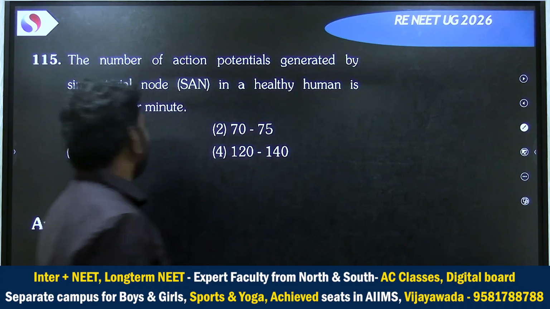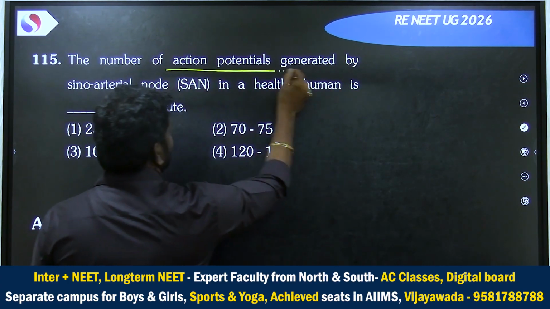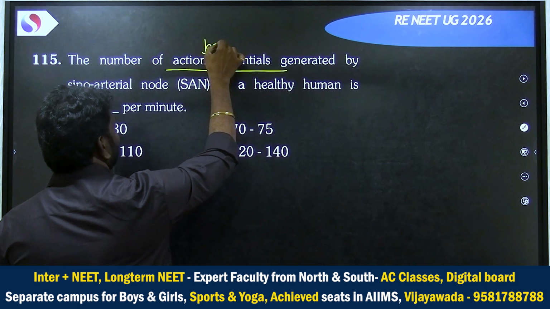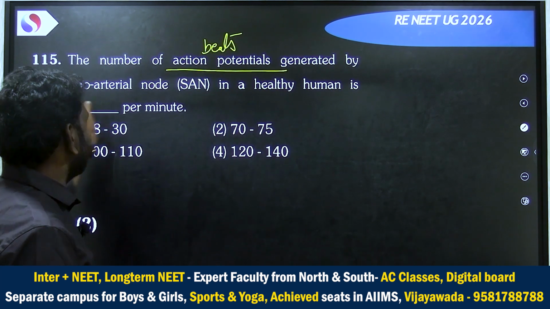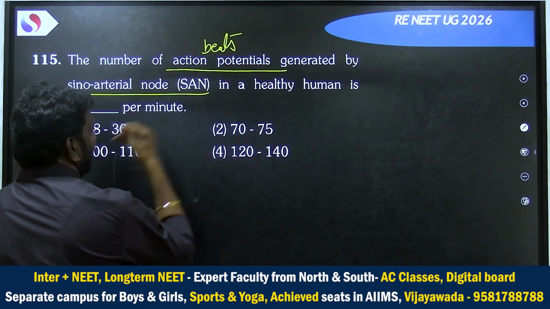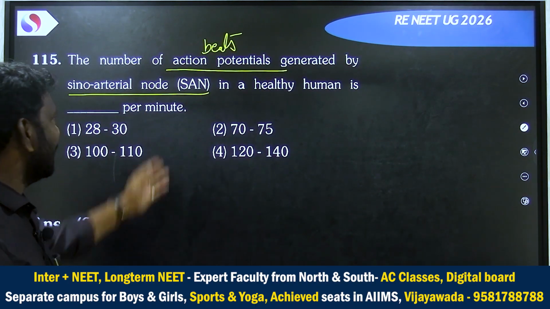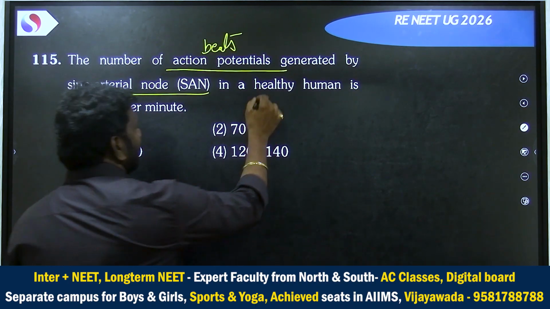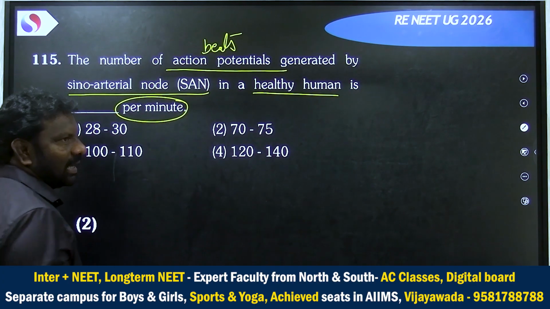So guys, question number 115: the number of action potentials, generally called beats, generated by the sinoatrial node. I think everyone knows very well about the sinoatrial node or SA node. In a healthy human it is a dash per minute, they are asking.